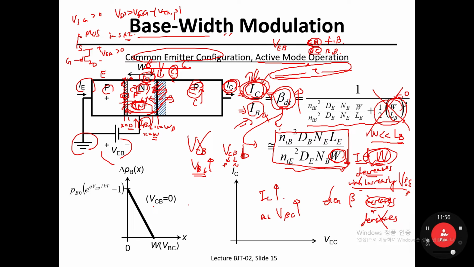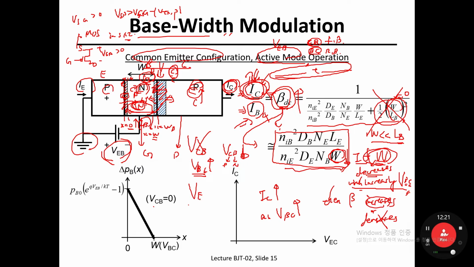Okay, let's go back to the PMOS. B, the base, corresponds to the gate, and C corresponds to the drain. This is working in active mode, so V sub EB should be constant.